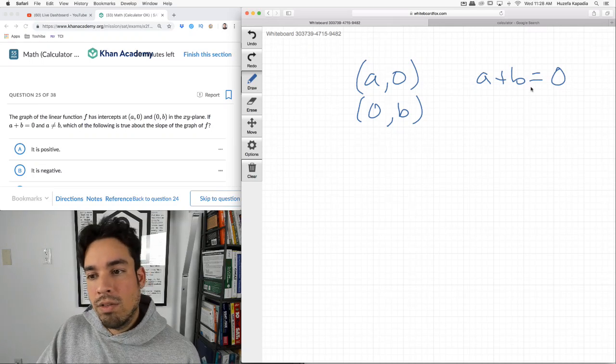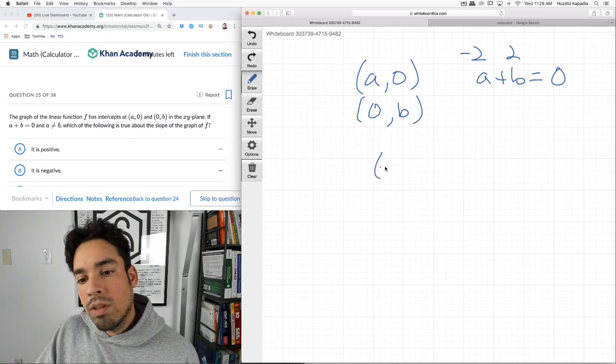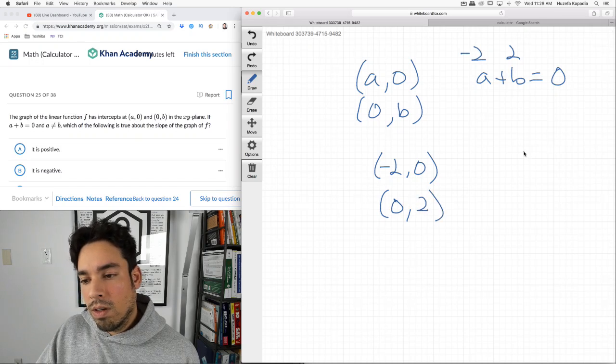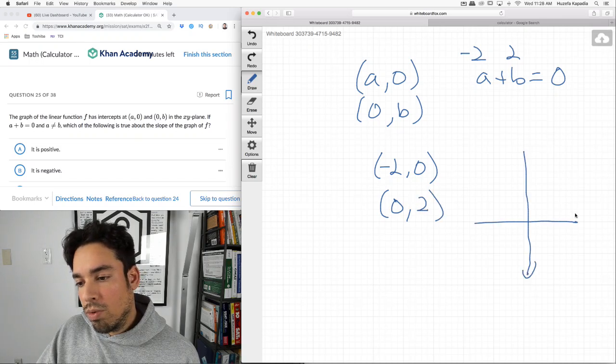Well, let's plug in a value. For example, a could be -2 and b could be 2. Okay, I'm just going to graph this as one example. (-2, 0) and (0, 2). Positive.